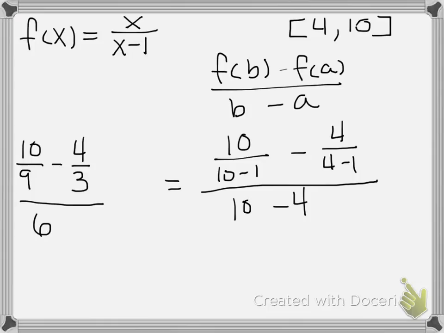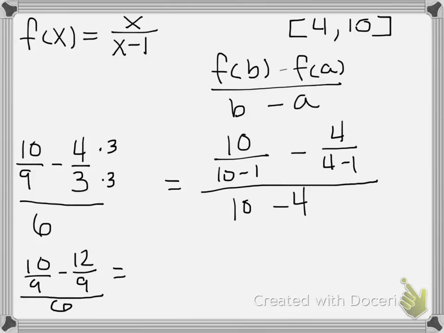We need a common denominator, so we multiply 4/3, top and bottom, by 3. And so that will give us 10 over 9 minus 12 over 9 all over 6.